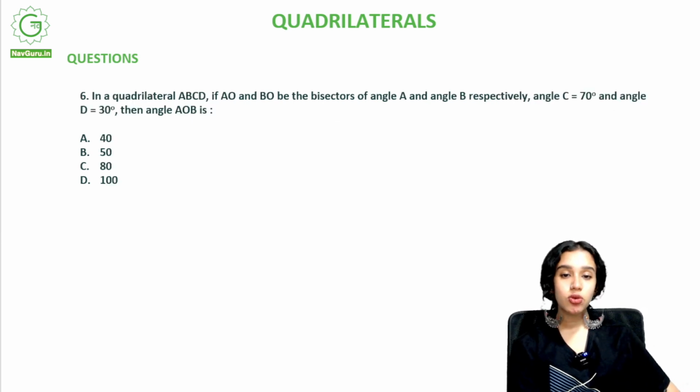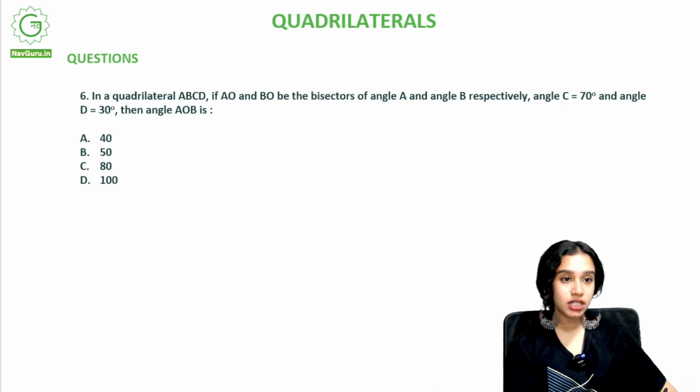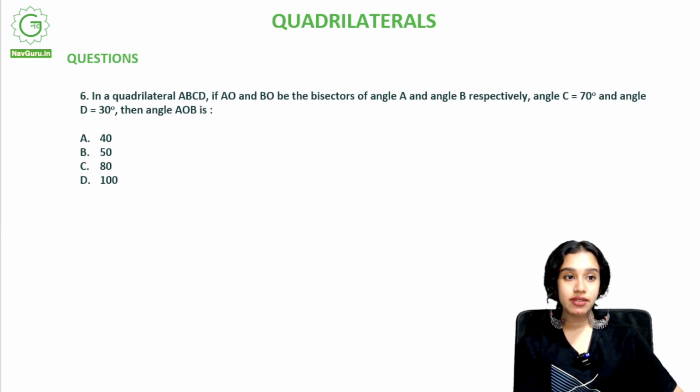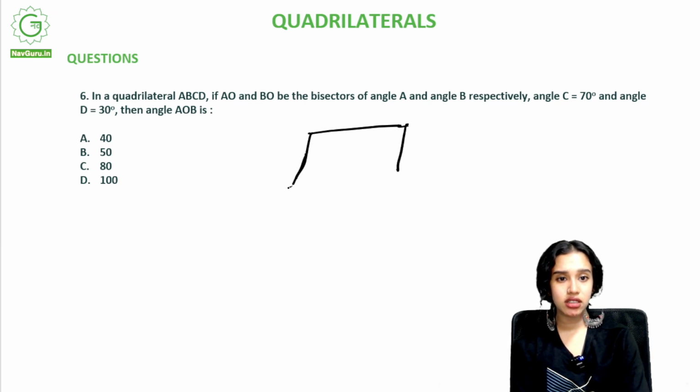Now, in a quadrilateral ABCD, if AO and BO are the bisectors of angle A and B respectively, angle C is equal to 70 degrees and angle D is equal to 30 degrees, then angle AOB is equal to. So, we have a quadrilateral, don't mind the shapes, right?